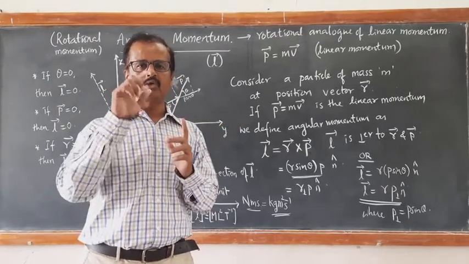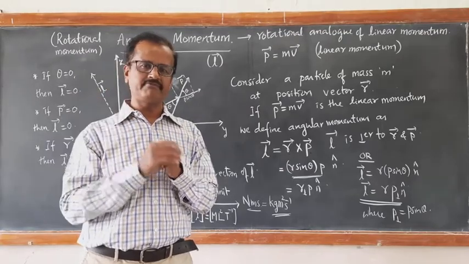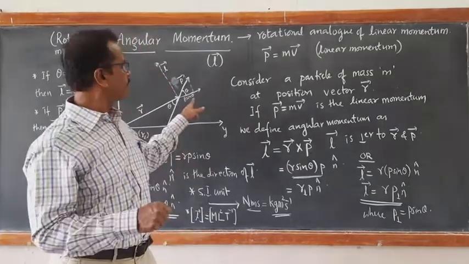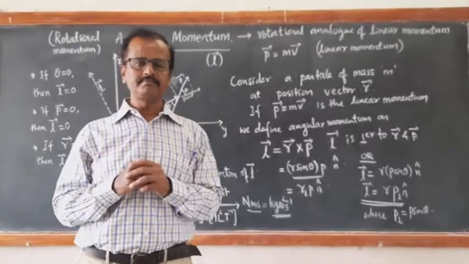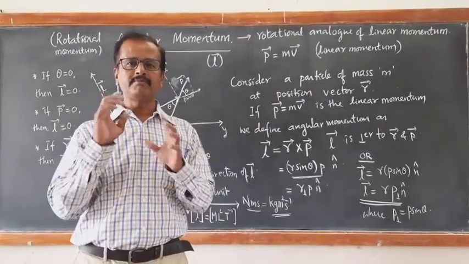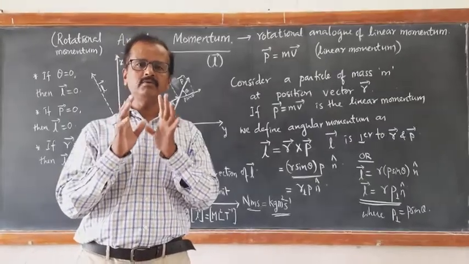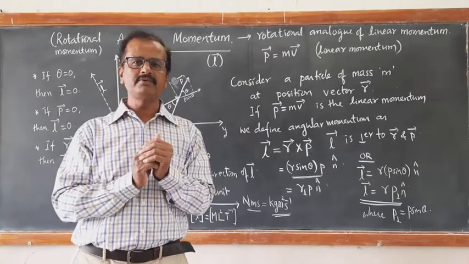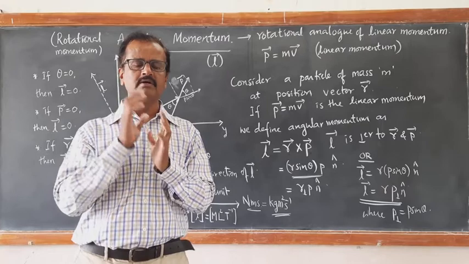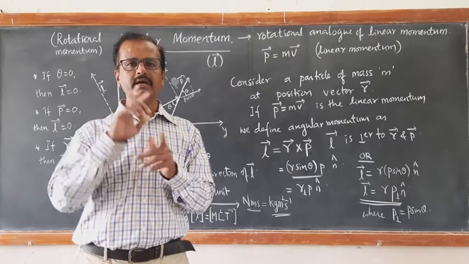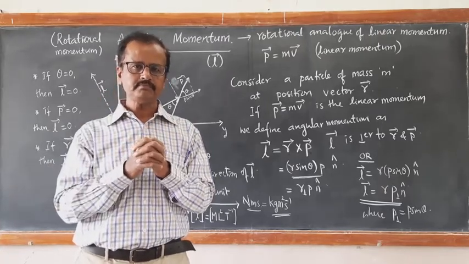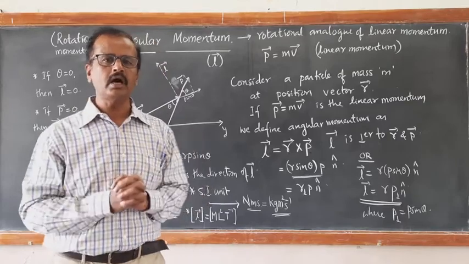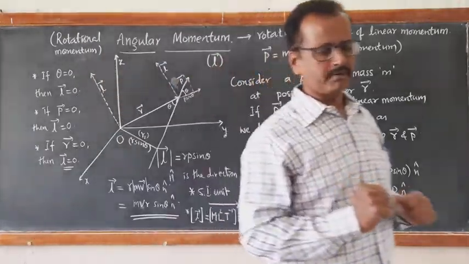Then we got torque tau equal to r cross F. In the same manner we define angular momentum. Angular momentum of a particle having mass m with velocity v at a position vector r from the origin is given by r cross p. So L vector is equal to r cross p. Now let us solve some problems.